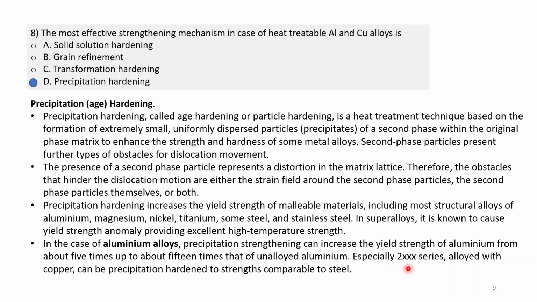So in this case, these are aluminum alloys with copper, which can be precipitation hardened to strengths comparable to steel. Okay, so this strength can be achieved because of the precipitation hardening, because of the precipitates that will be formed of aluminum and copper.